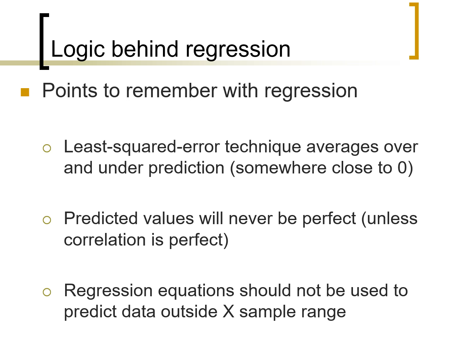So finally, regression equations should not be used to predict data outside the X sample range. That means if you had range restriction on your sample to get the regression line and equation, whatever that sample range for X, I shouldn't be using something outside that when I'm using the equation later.